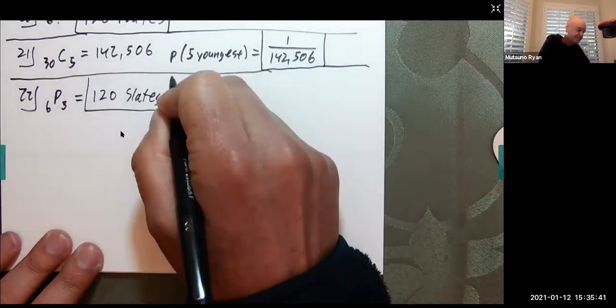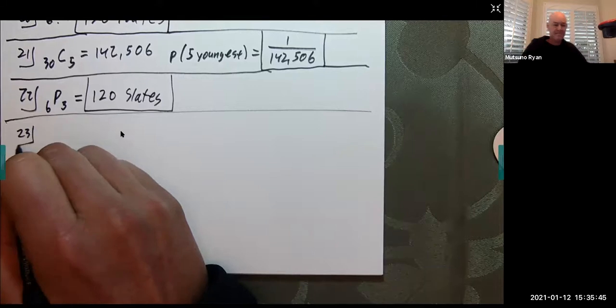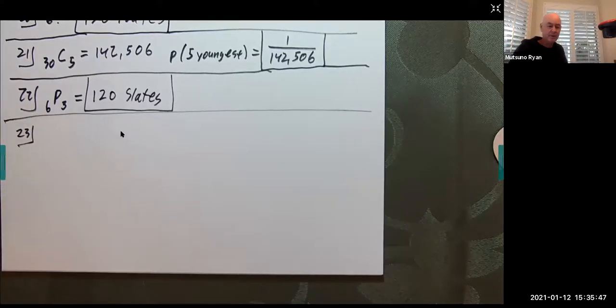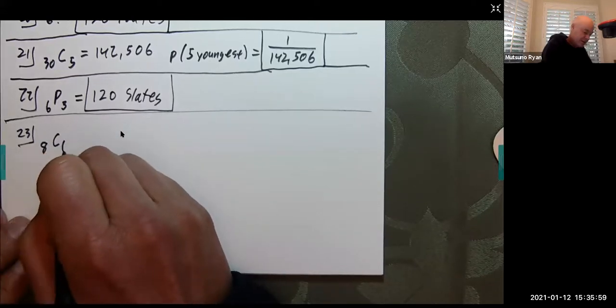There are 8 members on a board of directors. They must form a subcommittee of 6 members. How many different subcommittees are possible? In this case, the order does not matter, so that's going to be a combination. 8 choose 6, or 8 combination 6.